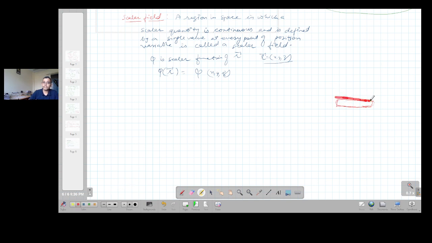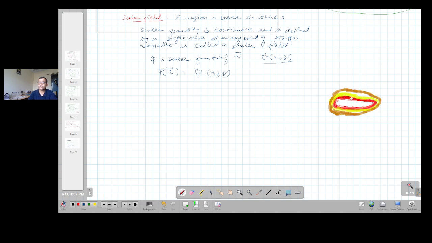Near this region the temperature will be higher, and if we go further away from the rod, the temperature decreases. So we get contours of different colors.